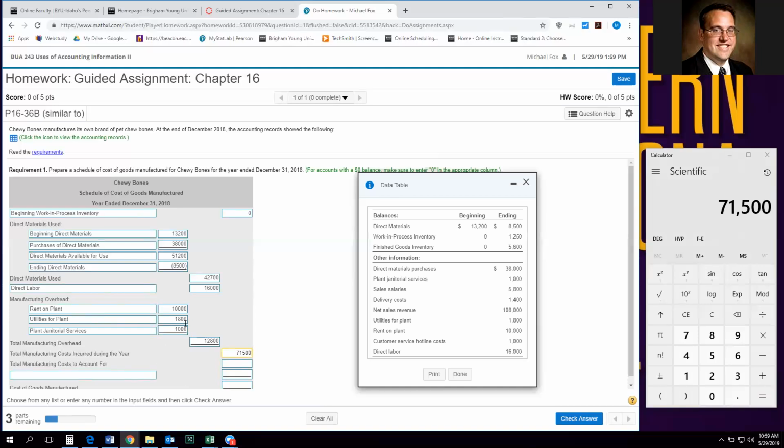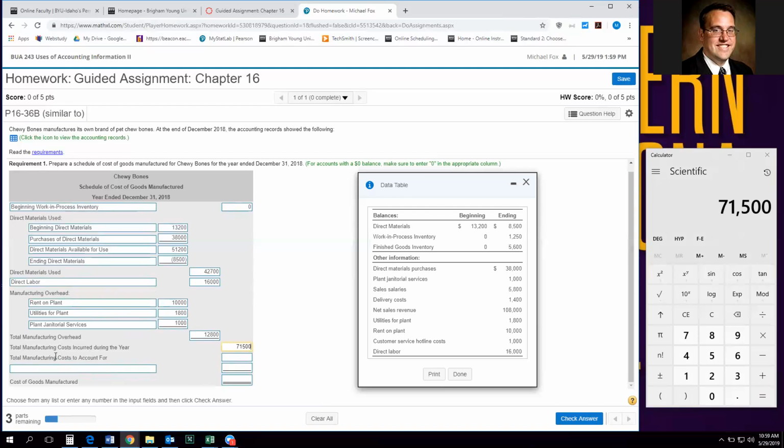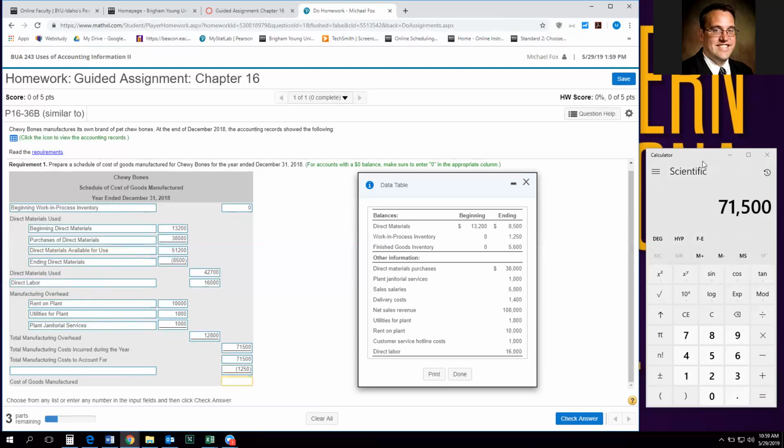Then to figure out our cost of goods manufactured, we'll take our total manufacturing costs to account for, 71,500, minus our ending work in process inventory, which is 1,250. And that'll give us our cost of goods manufactured.